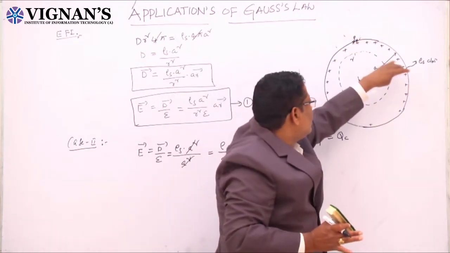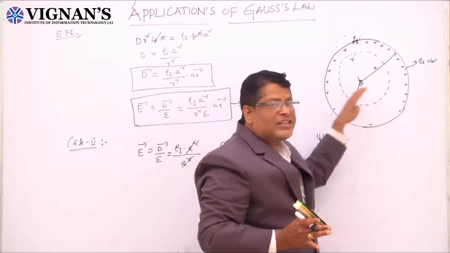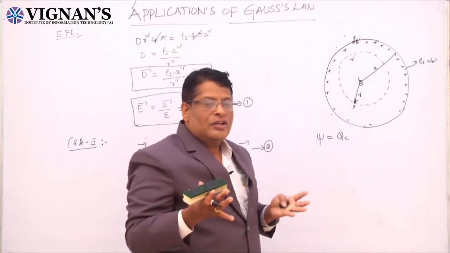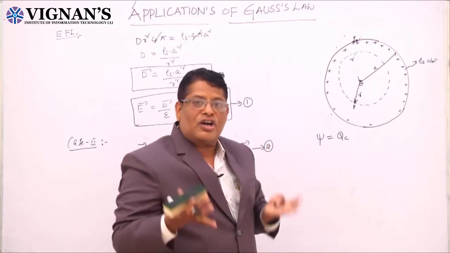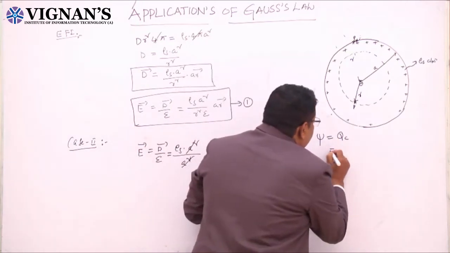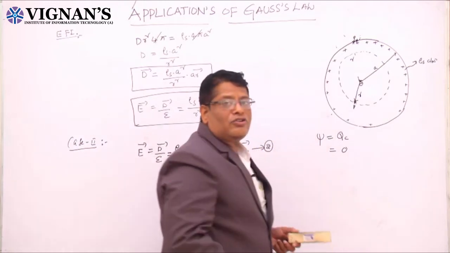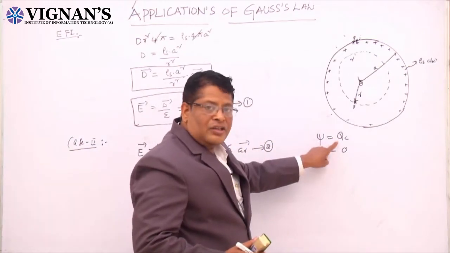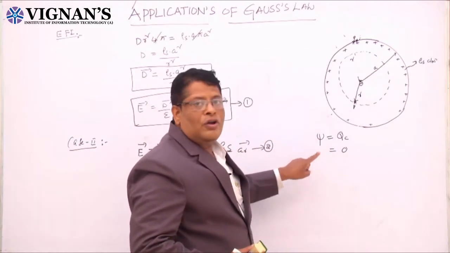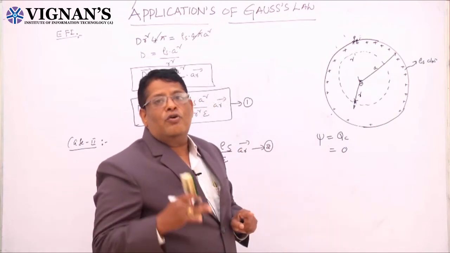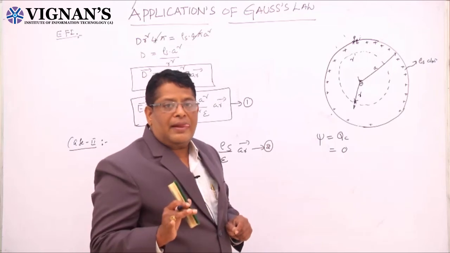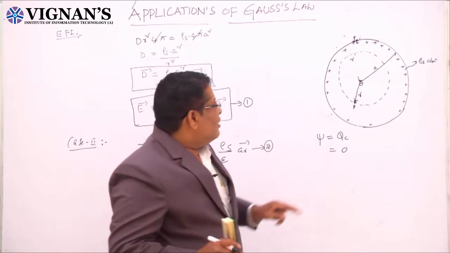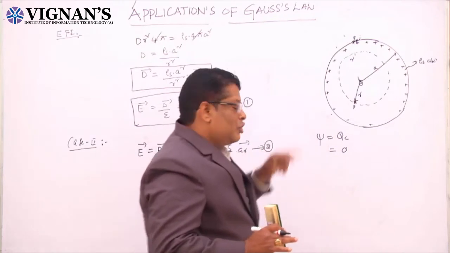Inside of the shell, there is no charge. So the Gaussian surface does not enclose any charge. So charge enclosed by the Gaussian surface becomes 0. The flux also is 0. If the flux is 0, there is no electric field intensity, nothing but the electric field intensity inside the shell is 0.